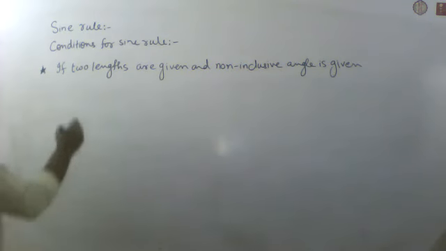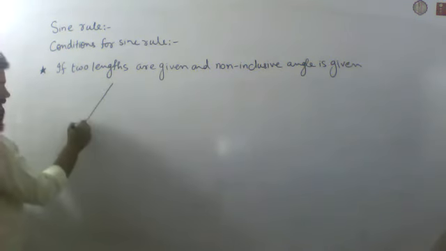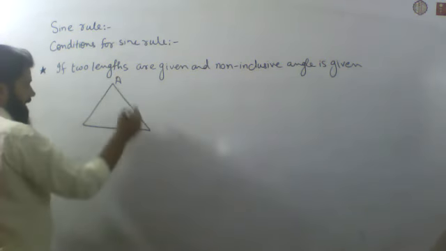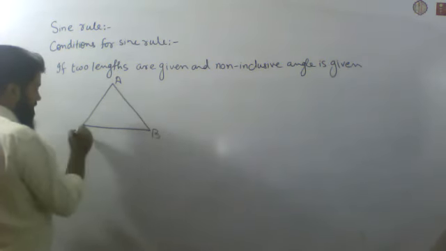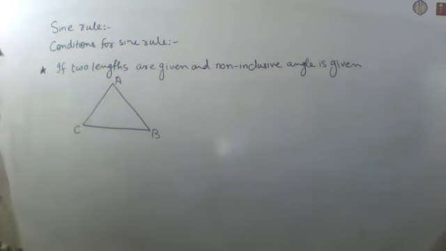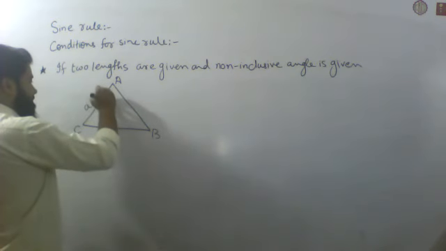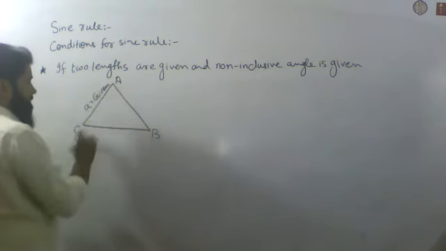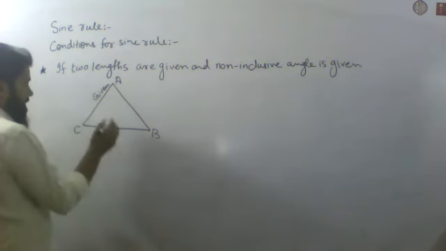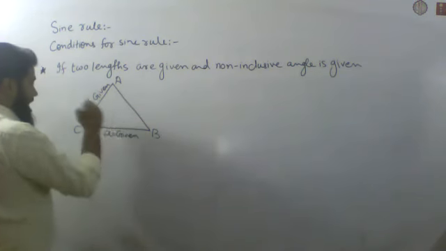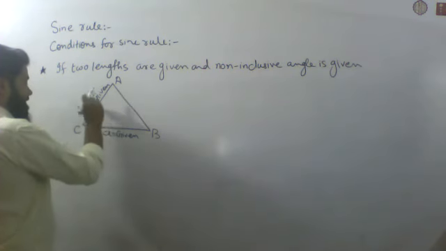What do we mean by that? For instance, this is my triangle ABC. Now they are saying that side A is given, any value, opposite to A, and side B is given.